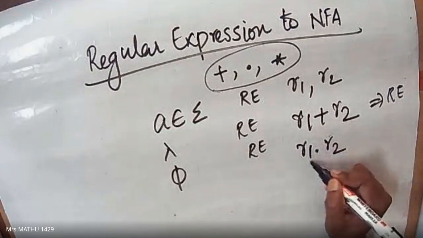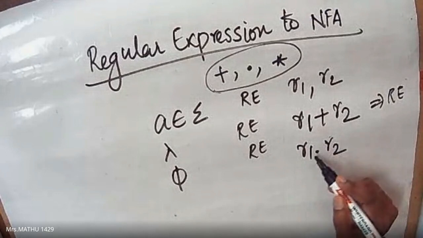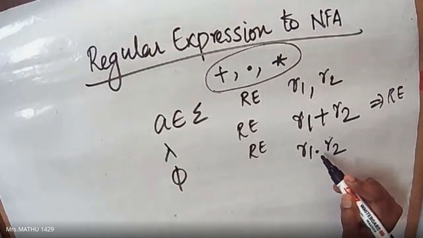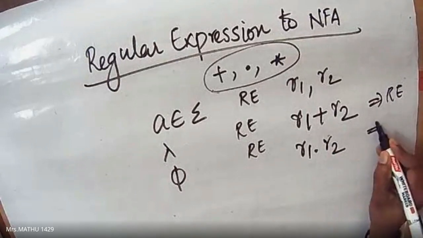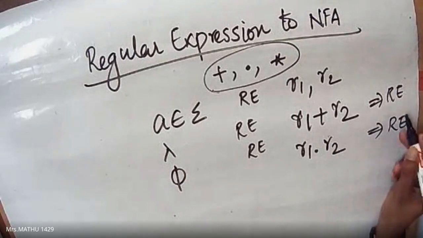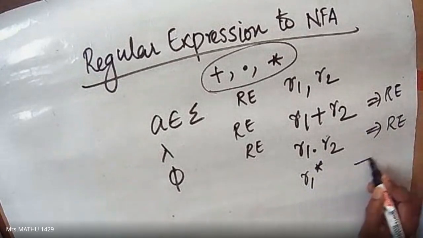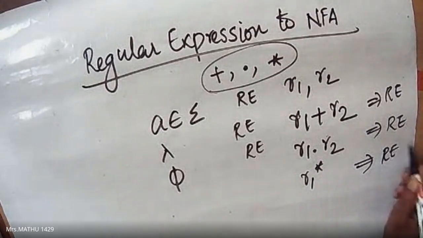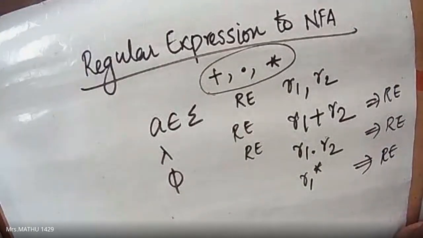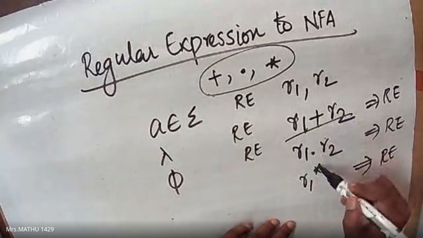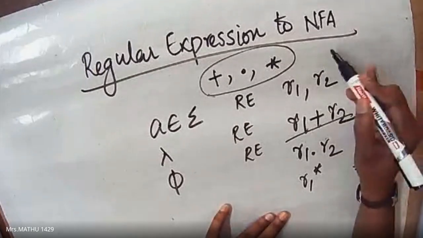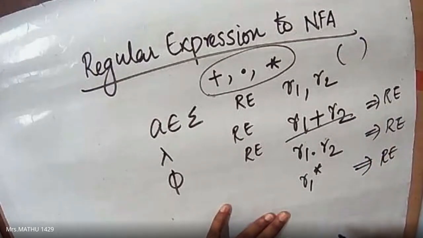It is not necessary that this dot is put explicitly. You can just write R1 R2, and that is also a regular expression. And then R1 star is again a regular expression. We also know that parentheses can be used.